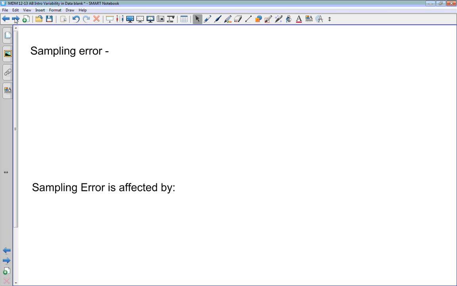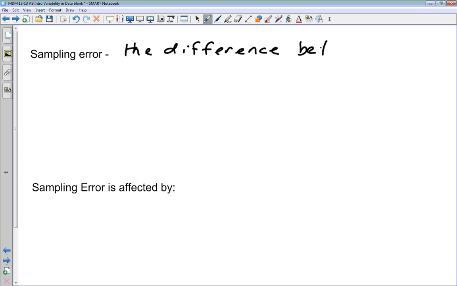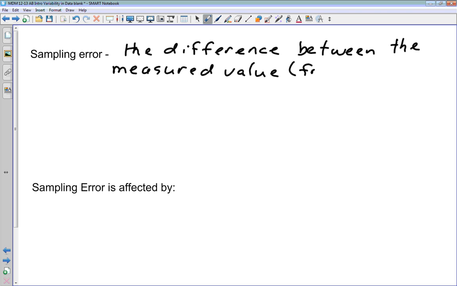Sampling error is basically the difference between what we get when we measure something from the sample, the measured value (from our sample), and the true value.